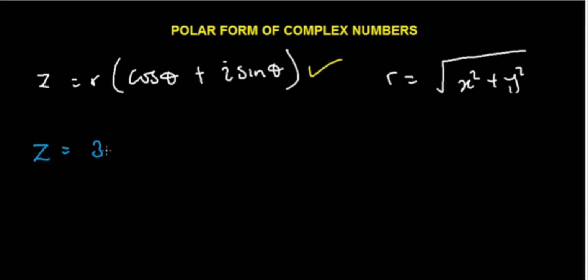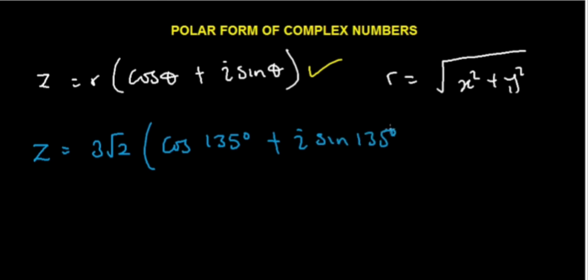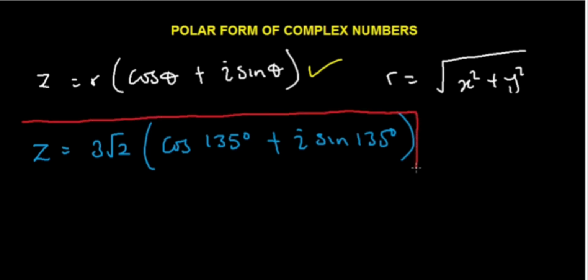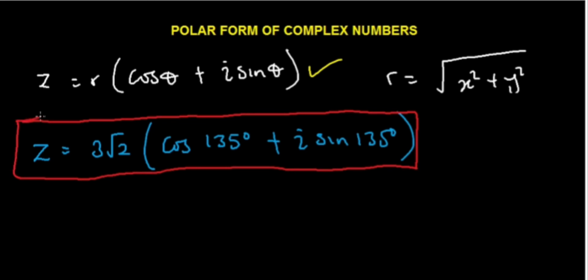My r is 3 root 2 into cos 135 degrees plus i sin 135 degrees. So this is how to actually represent the complex number in polar form.